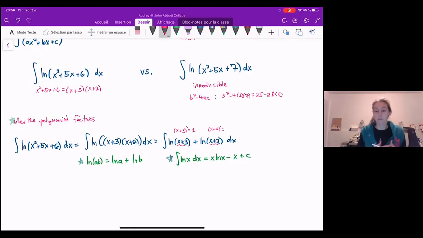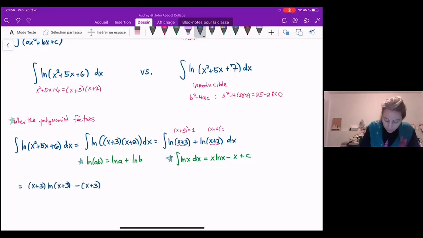If we had a derivative that was a function, then we'd have a problem, and we'd actually have to go through and do a substitution. But in this case, we don't have that problem, so I'm just going to apply the known form. So I have x plus 3, ln of x plus 3 minus x plus 3, plus x plus 2, ln of x plus 2 minus x plus 2, plus a constant.